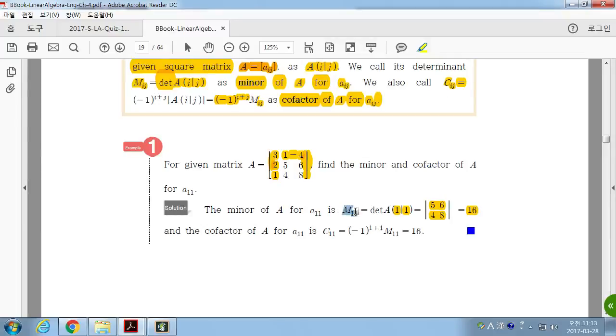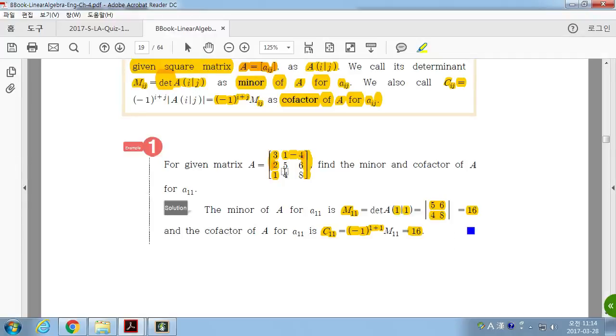We have M11, the minor of A for A11. To get C11, we multiply by (-1) squared, which is +1, so it's 16.